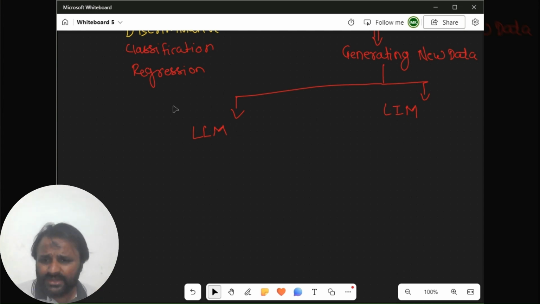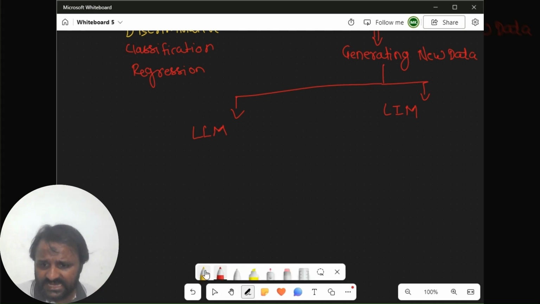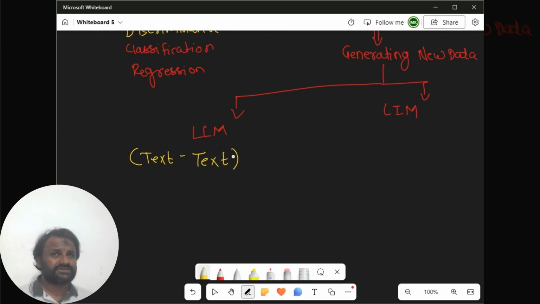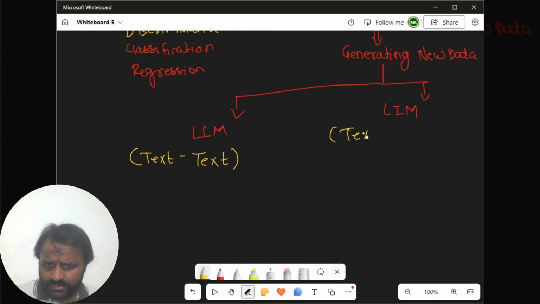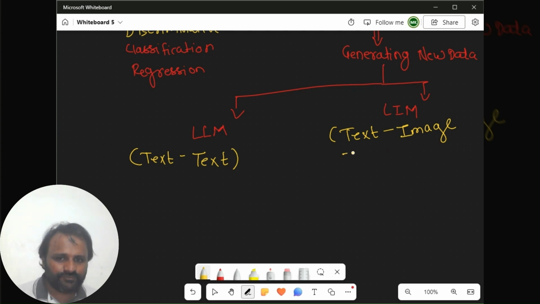So the LLM model is text to text, just like using ChatGPT. Then the next model is text to image or video, like OpenAI Sora, which is coming to the market very soon.